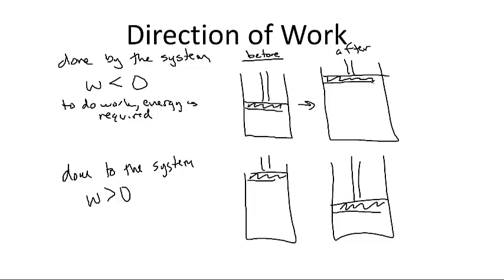So here you can think of it as, in order to move that piston down, somebody or something had to push it down. Or the gas had to contract on its own for some reason. So if I am someone who's working on a piston and I push it down, I'm doing work to the system. I'm increasing the amount of energy stored in that system now. So this is what we mean by direction of work.